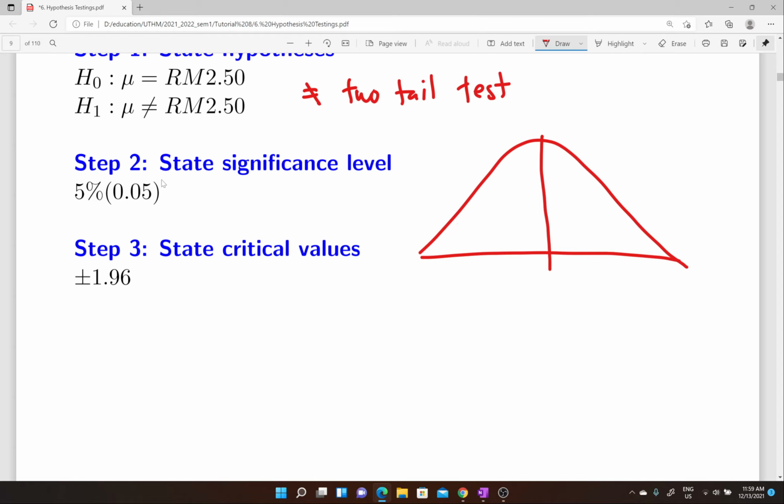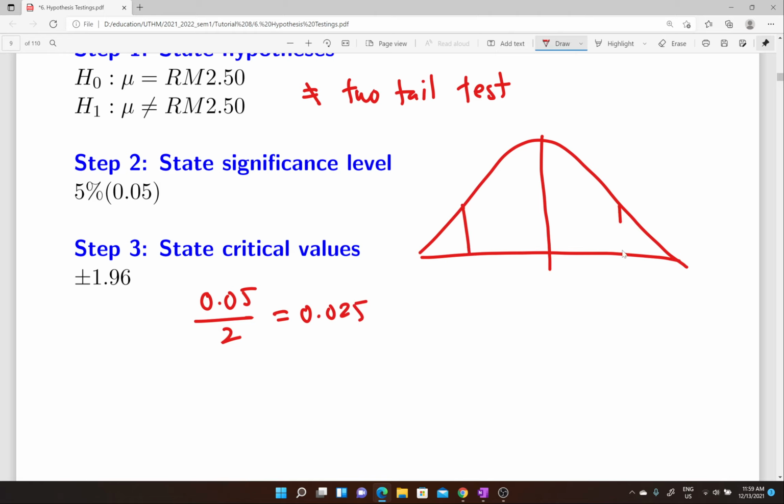For not equal, you divide 0.05 by 2, and you get 0.025.